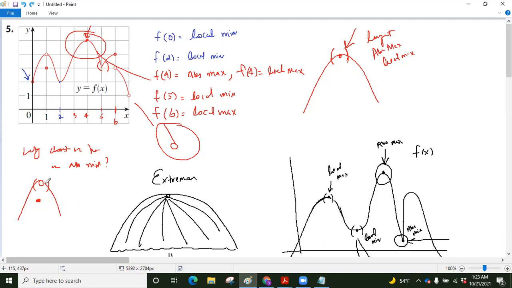From this perspective, all the points in this neighborhood are greater than this point. Therefore, this point must be a local min. And it's not the absolute min, because remember, we still have these points. These points are still less than everything that we see.